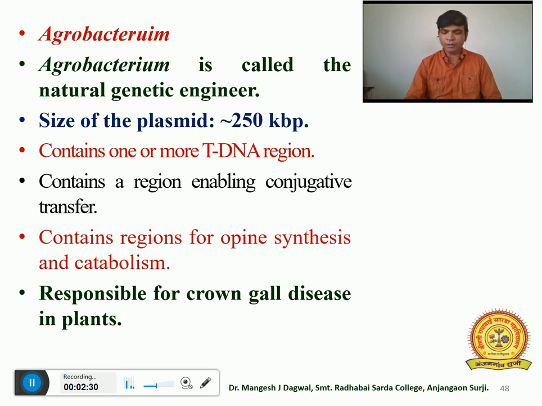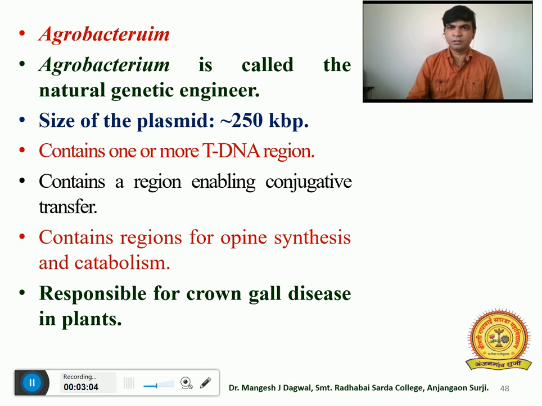Now this tumor inducing plasmid, or Ti plasmid, is responsible for tumor induction, and the Ri plasmid is responsible for root initiation or root induction. This Ti plasmid is present in Agrobacterium tumefaciens, and the Ri plasmid is present in Agrobacterium rhizogenes.